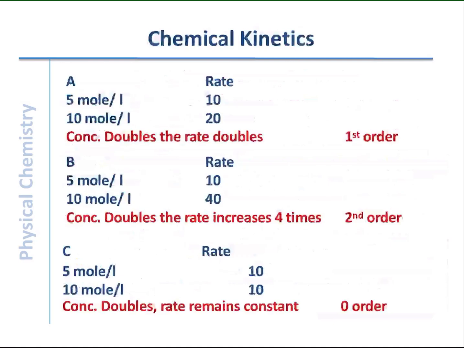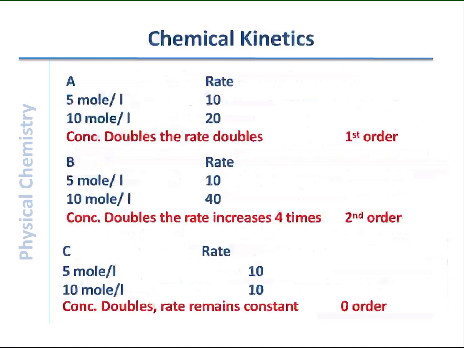So how do we determine the reaction order, whether it's zero, first, or second order? We have to determine the reaction rate against the concentration of each reactant in the equation. For reactant A, suppose we have two experiments.